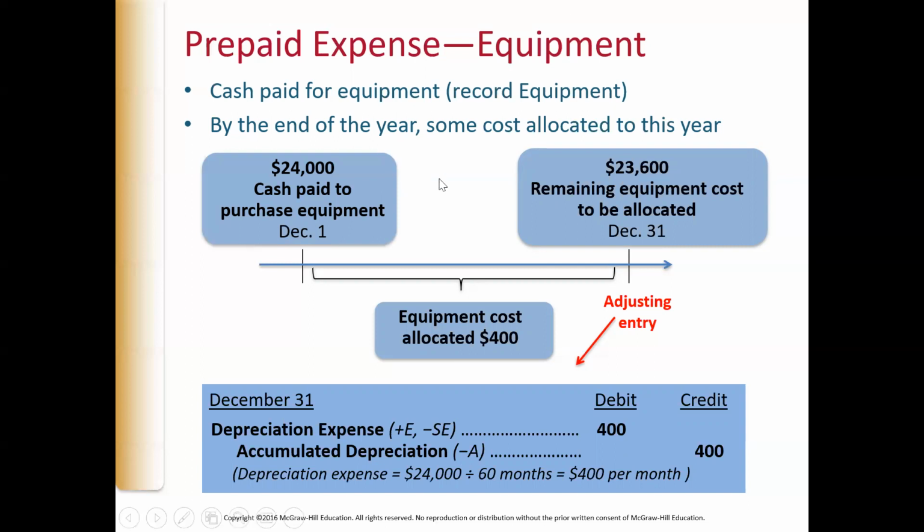Okay, so what we do with this accumulated depreciation, we call it a contra asset account because it connects with equipment to come up with a net amount. I don't want to give you too much and overwhelm you, but this is a way we use up an asset.